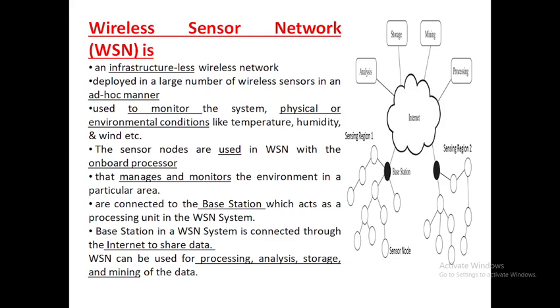In this wireless sensor network, the sensor nodes are connected to the base station, which acts like a processing unit in the system. The base station is connected through the internet to share its data, and wireless sensor network can be used for processing, analysis, storage and mining of the data.